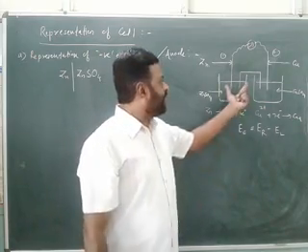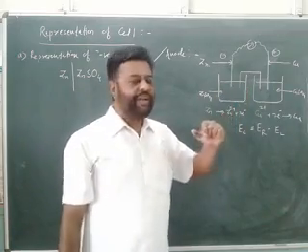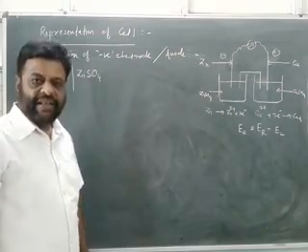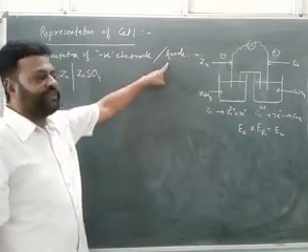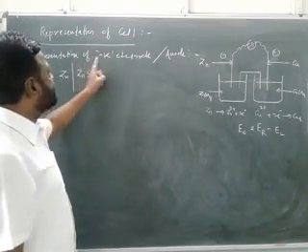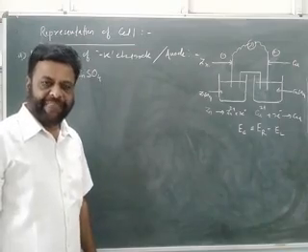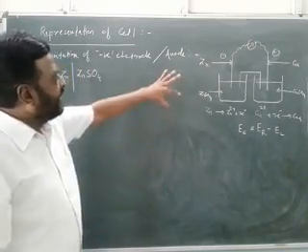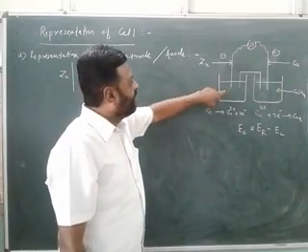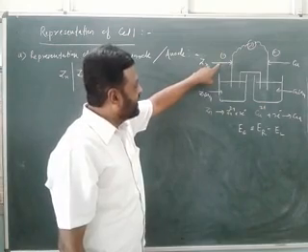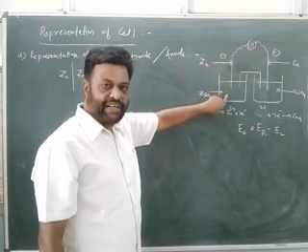So first, we are going to discuss the representation of the negative electrode, and negative electrode means the anode. In Daniell cell, this is the negative electrode. That is, the negative electrode consists of zinc dipped into the solution containing Zn2+.